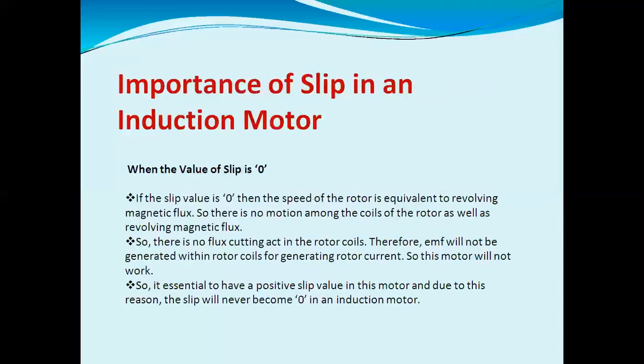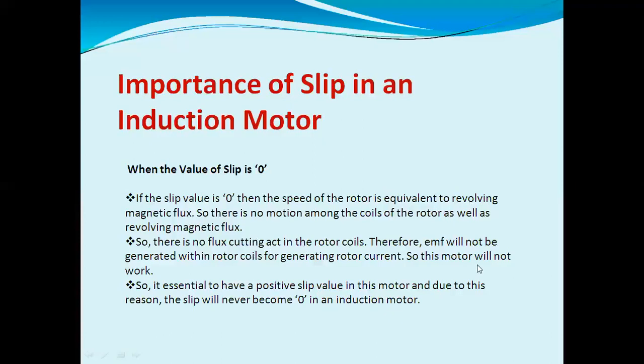Now, there are different cases of importance of slip in the induction motor. When the slip value is zero, from that mathematical expression, it means Ns equal to Nr. So if the slip value is zero, then the speed of the rotor is equivalent to the revolving magnetic flux. So there is no relative motion between the rotor coils and the revolving magnetic flux, so there is no flux cutting in the rotor coils.